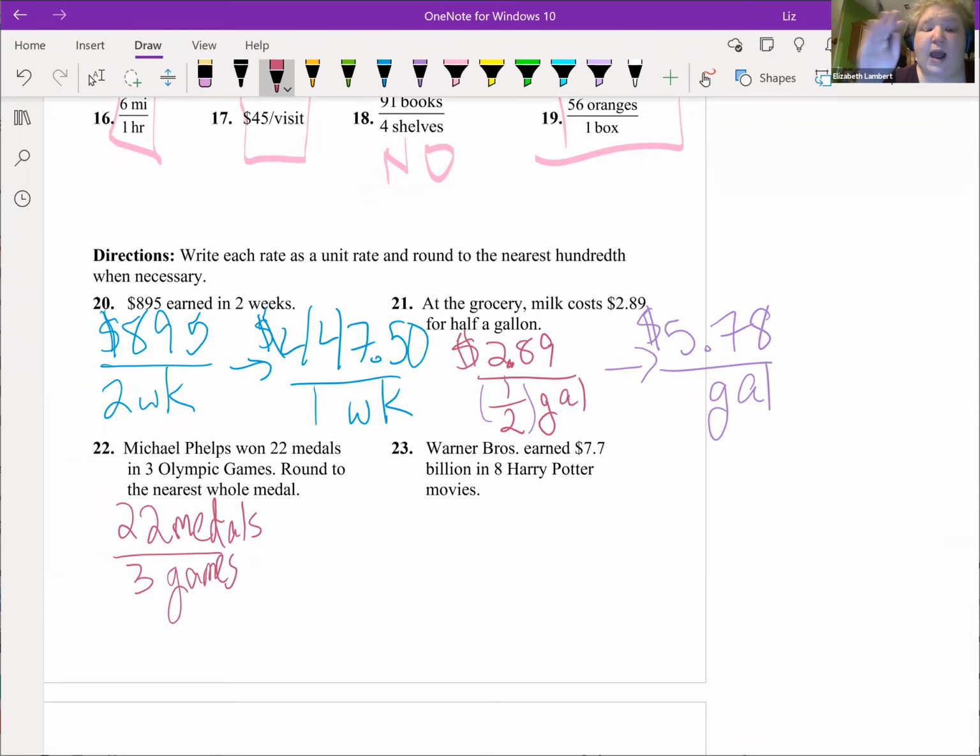They told us to round to the nearest whole medal. So 3 is less than 5. It's less than our halfway mark. So that's going to stay as 7. So I'm going to put the wiggly lines, which means approximately 7 medals per Olympic game. Pretty good.